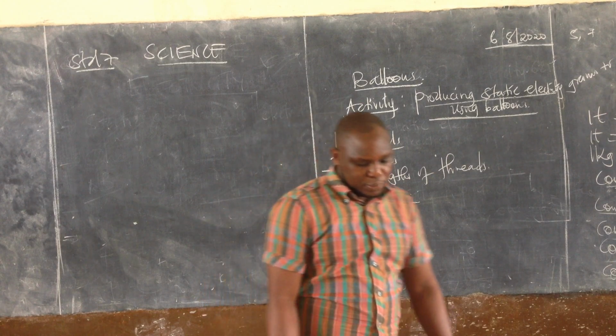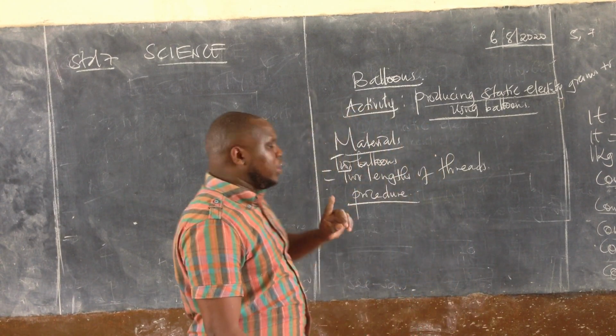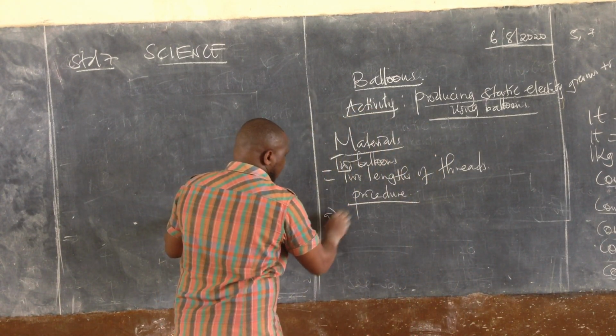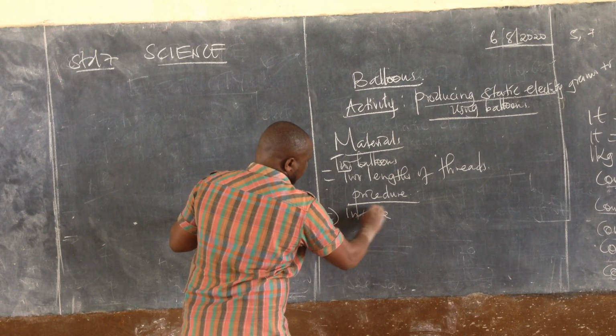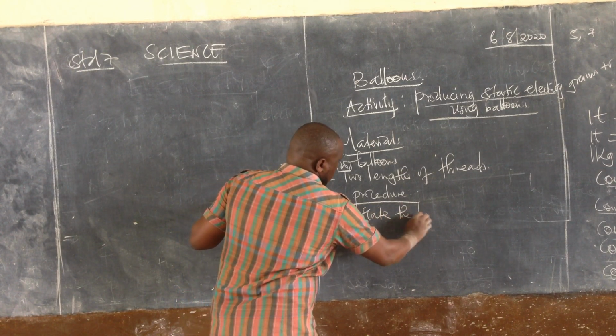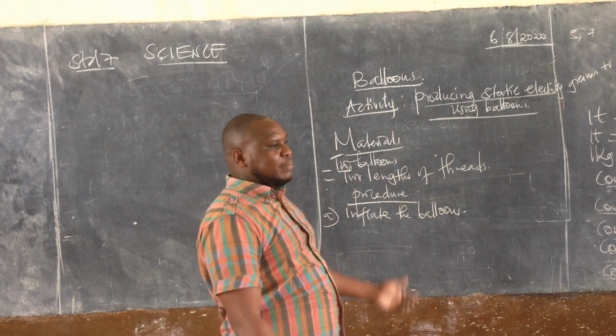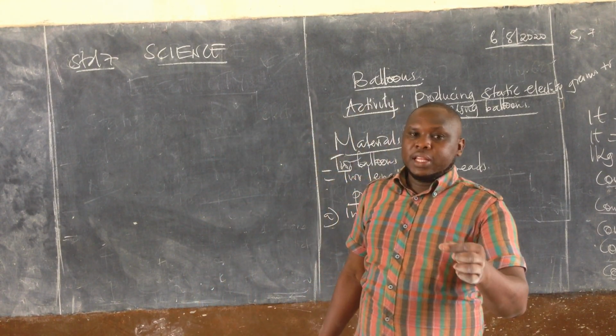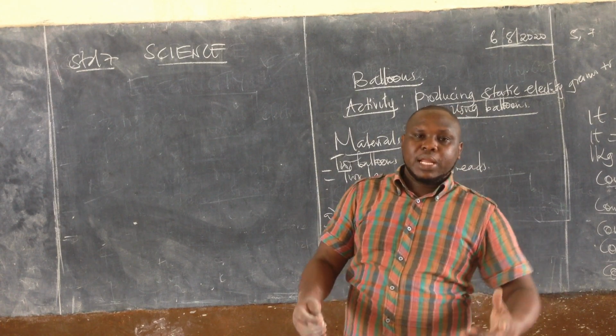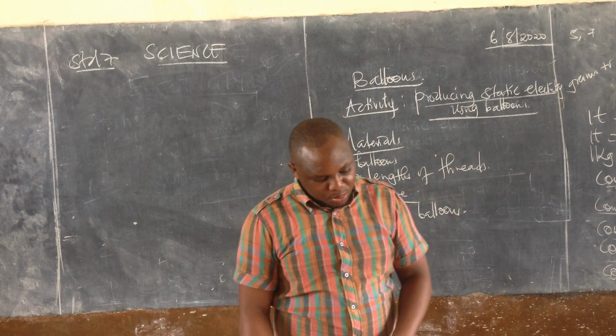Every activity has a procedure. Number 1, you're going to inflate those 2 balloons. Inflate the balloons. What do you mean by inflating, learner? We inflate balloons, we inflate tires, meaning that we're putting air in it so that it can become stable.